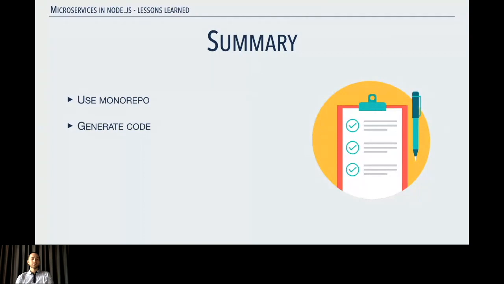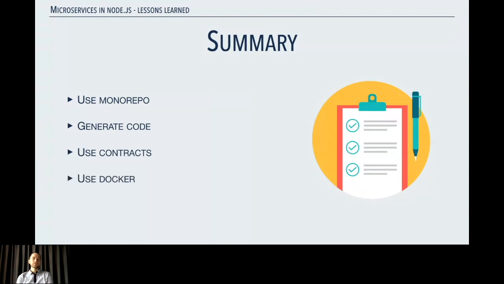If you find some places in your system where there are some similar structures, then you shouldn't be writing that every time you add some new service. Try to obtain some good tooling for it. And yeah, use some kind of contracts that doesn't need to be exactly gRPC, but having contracts is a good idea to start with.